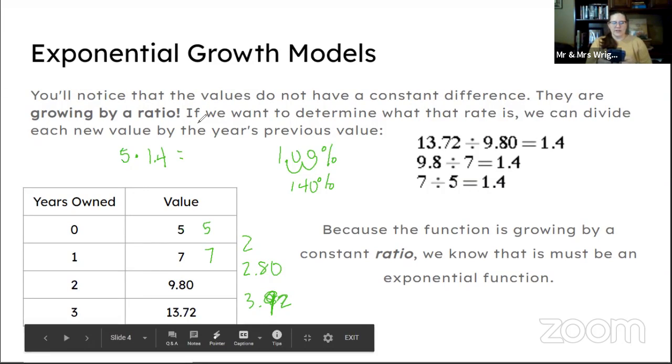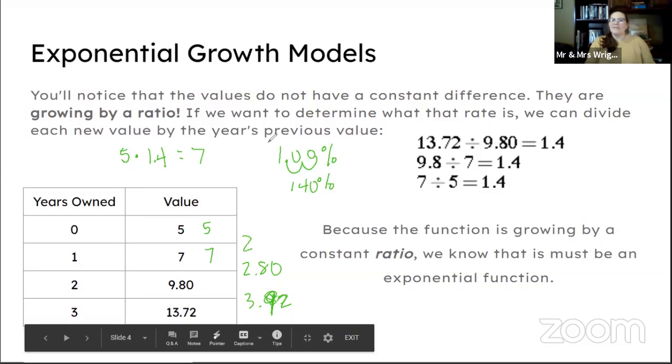Let's try it in the calculators and see. 5 times 1.4 equals, it is 7. I bet we could do that for each one of these since our ratio is 1.4. So 7 times 1.4 is 9.8. And 9.8 times 1.4 is 13.72.